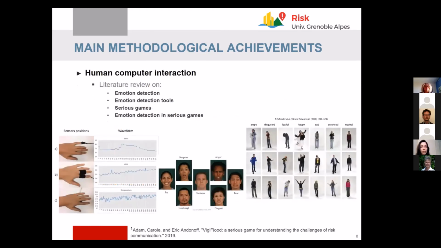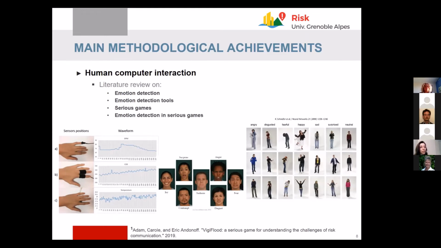We started by doing an emotion detection literature review to find out about different kinds of sensors that can be used, and how they can improve or decrease the bias between people.